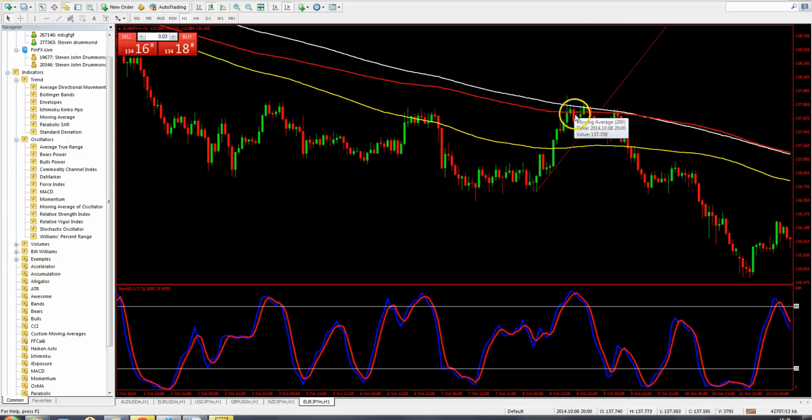So we had a bearish engulfing candle from the 200 moving averages, and we had a counter trend line break right here on this candle, which was a nice confident trade.